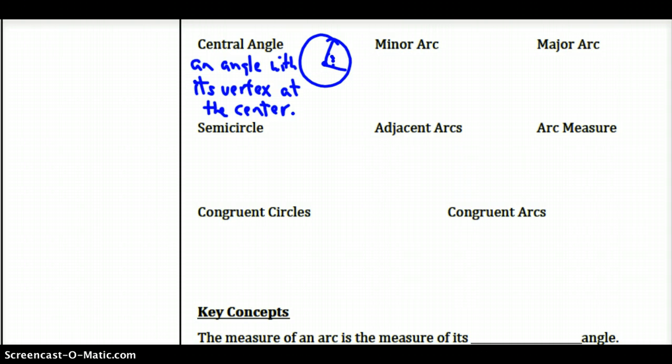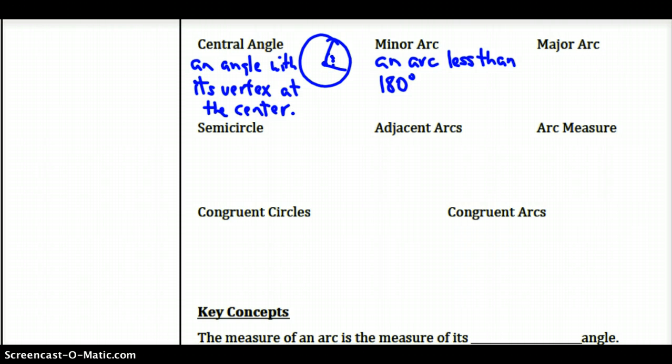Now, a minor arc is that piece of a circle that is less than 180 degrees in measure. So an arc less than 180 degrees.